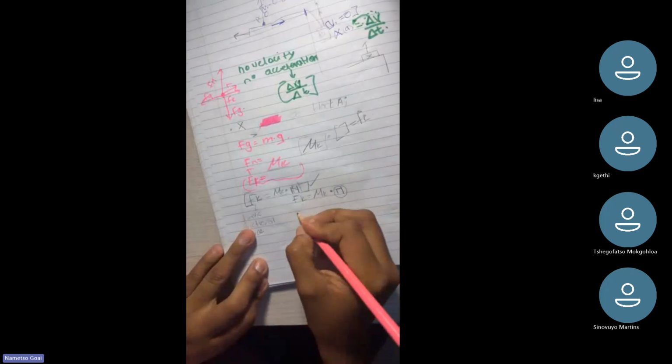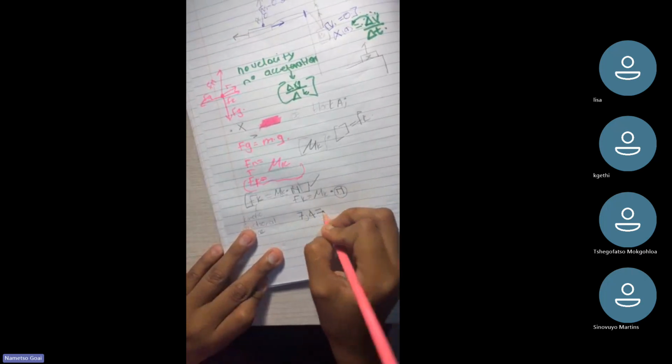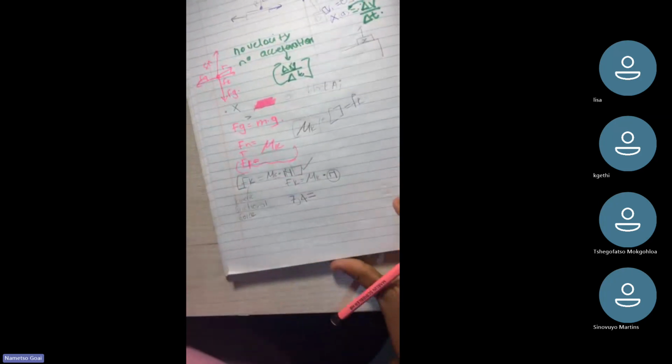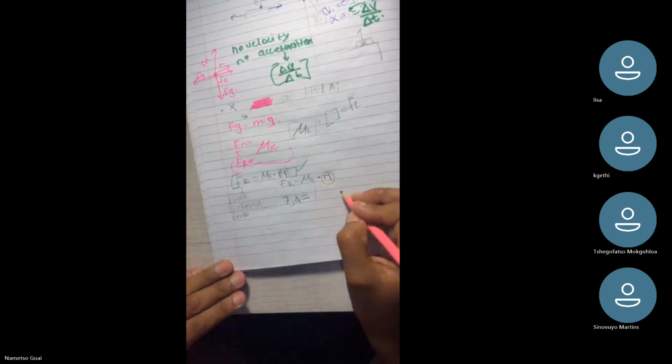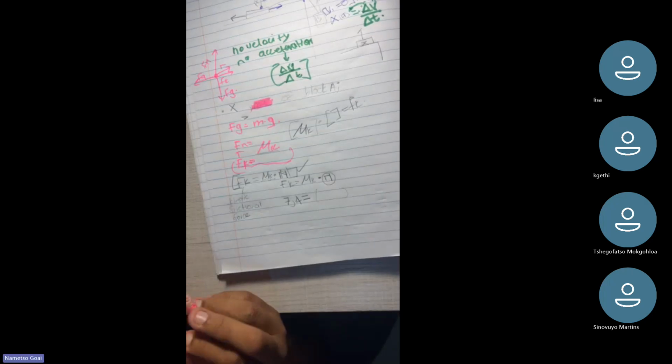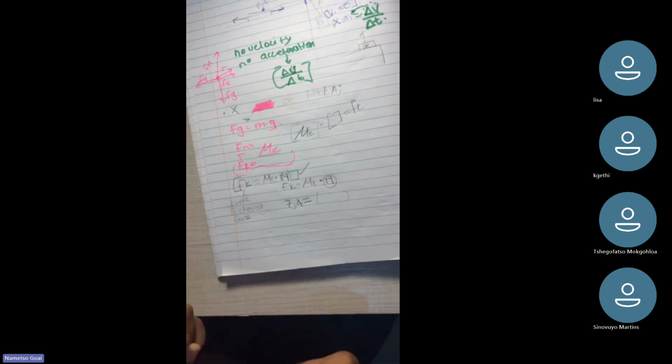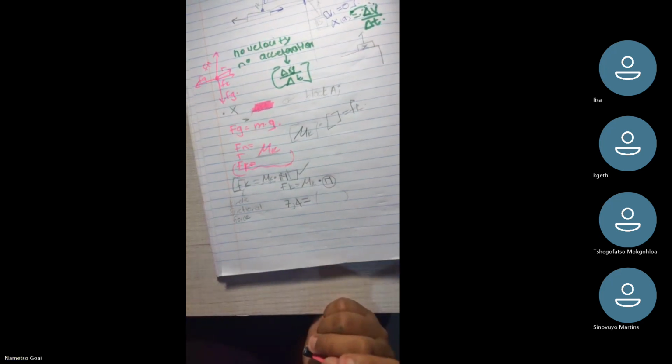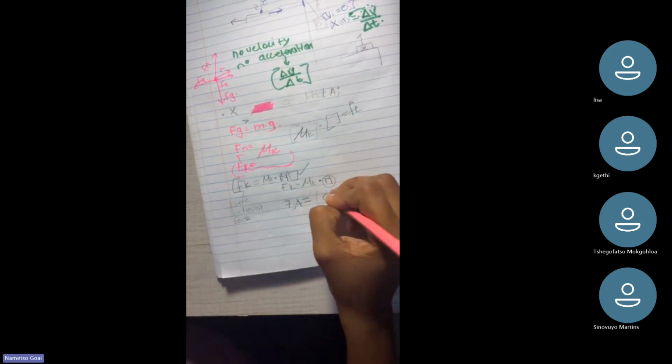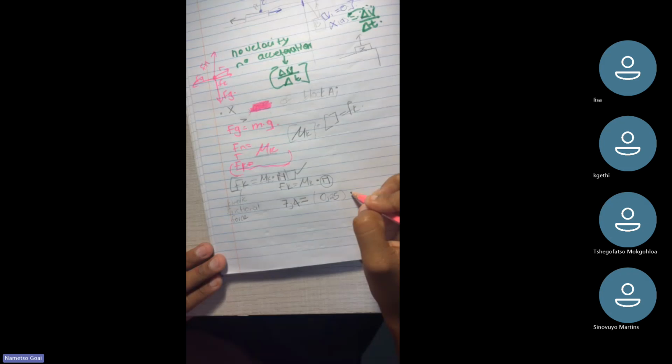I think it was 5.2.2. So when we substitute in, we will set 7,4 equals to, then they gave us the mu k. Sorry, what was the mu k? Can somebody read from the question? What was the coefficient of the frictional force from the question, guys? 0,25. 0,25, right?